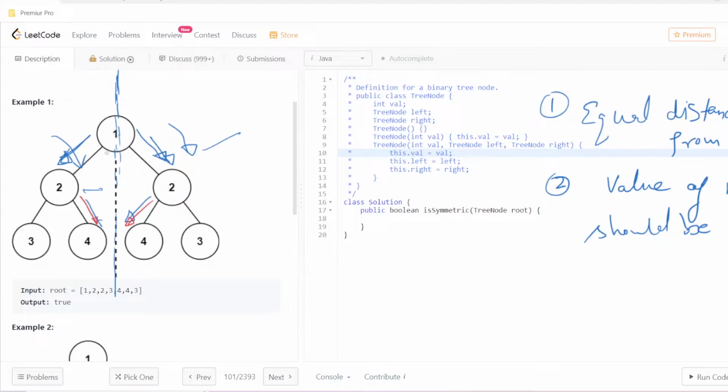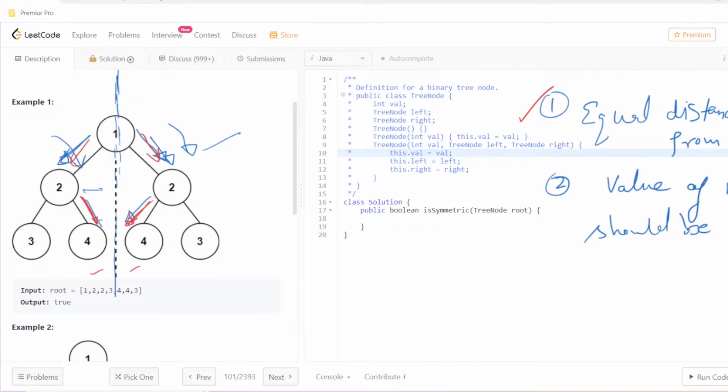Let's say you make an iteration and you reached a certain node. Moving toward left side and right side, or moving right side and then left side, will make sure that this condition is satisfied: equal distance from mirror.